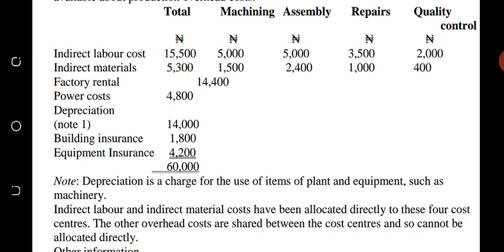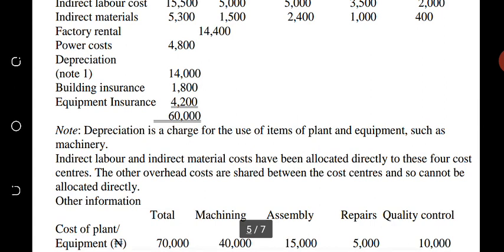Another one is equipment insurance. So how are we going to allocate or apportion the equipment insurance, which is 4,200, among the four production and service departments?